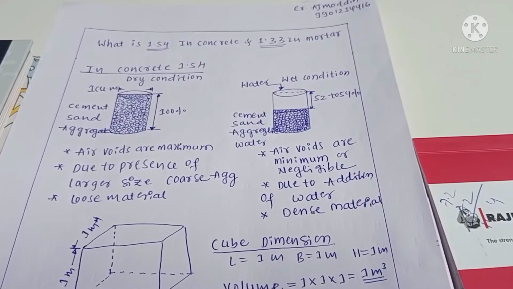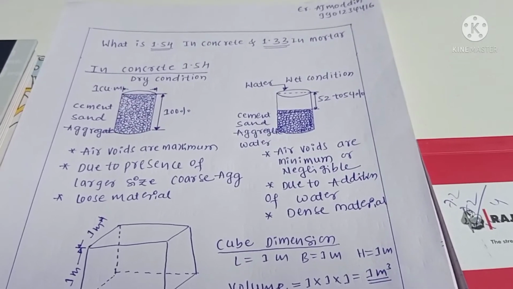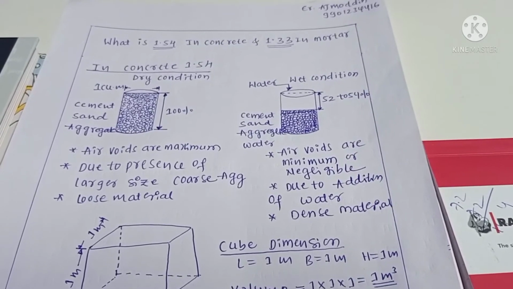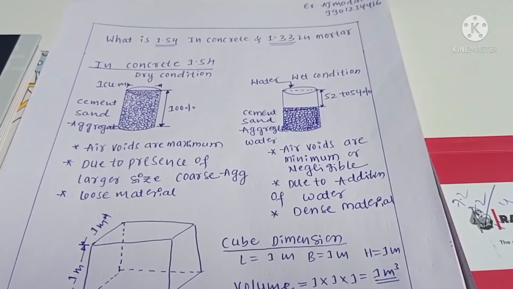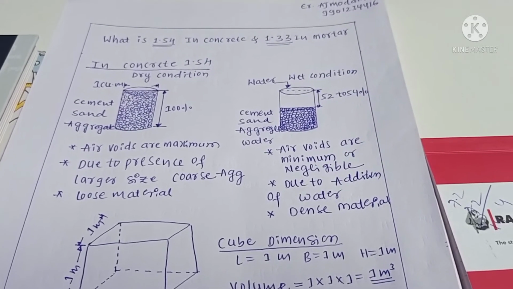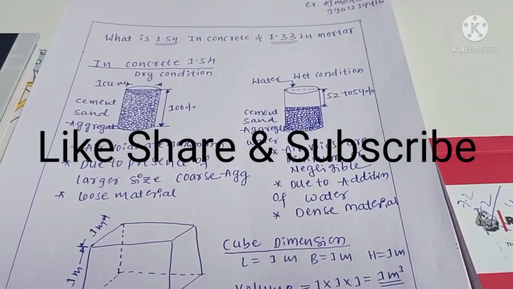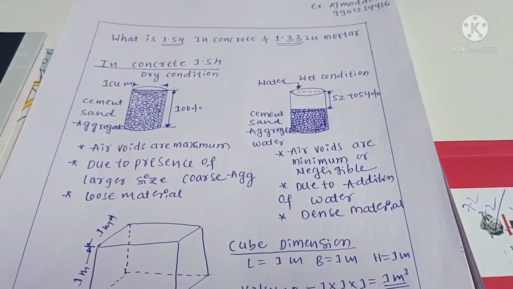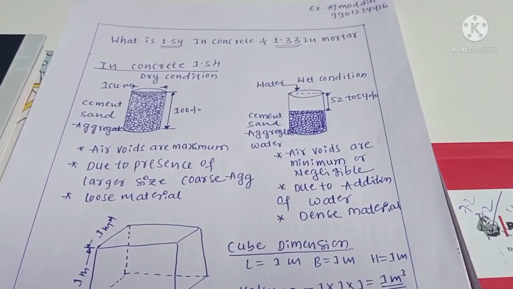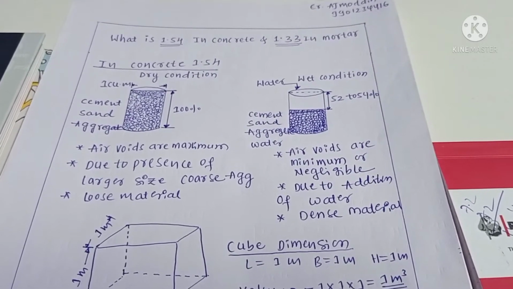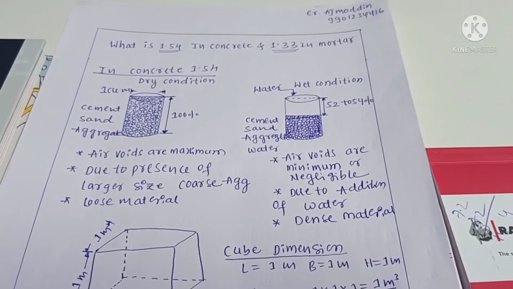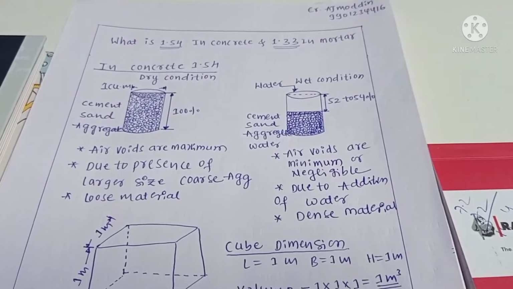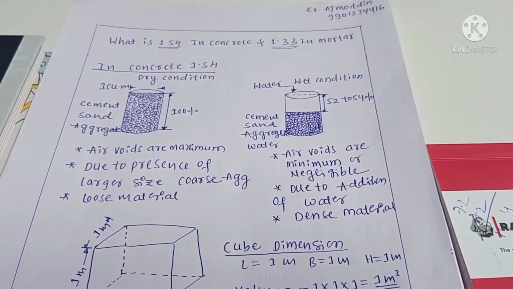Due to this, the whole volume is reduced by 50 to 54% as compared to the dry condition. So out of 100%, only 46% is utilized now, and the remaining 50 to 54% is empty.